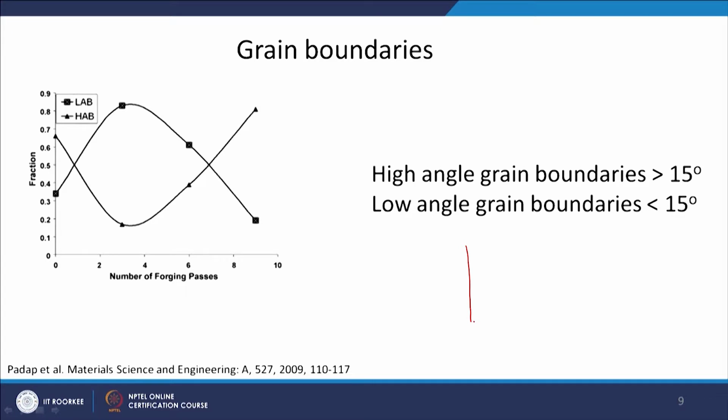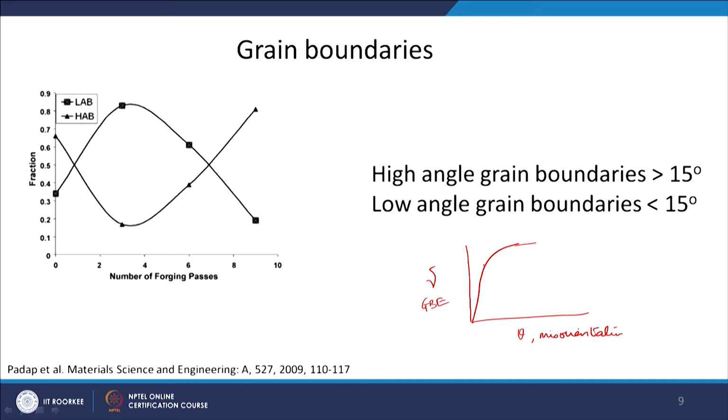And why we separate grain boundaries at a number like this is, if I plot the grain boundary energy as a function of theta, that is the misorientation, then it will have some curve like this.